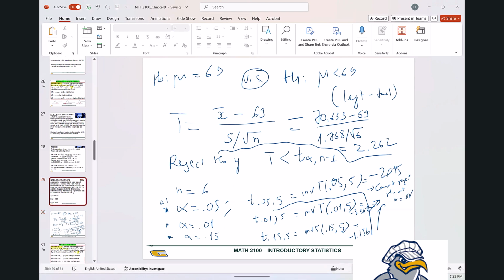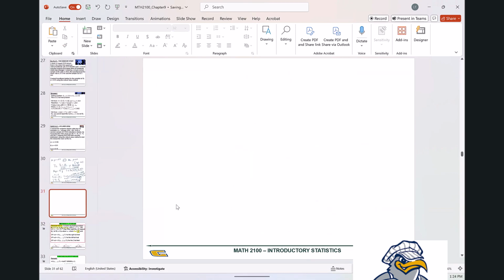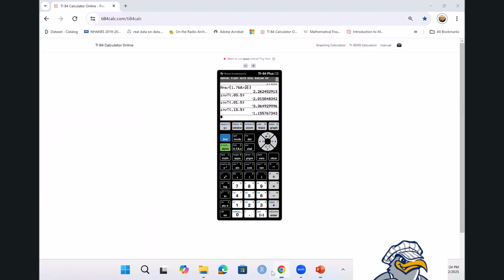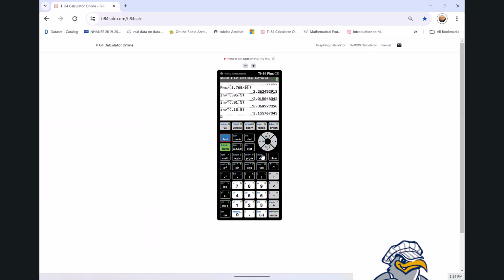But if I go very high, what if I choose alpha at 0.99? Then my T 0.99, 5 will be 3.365.